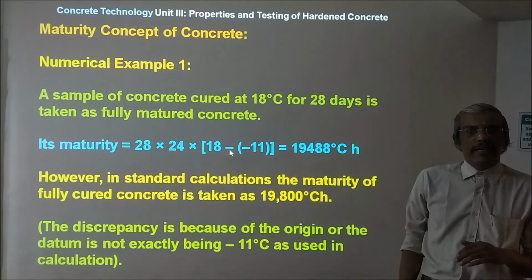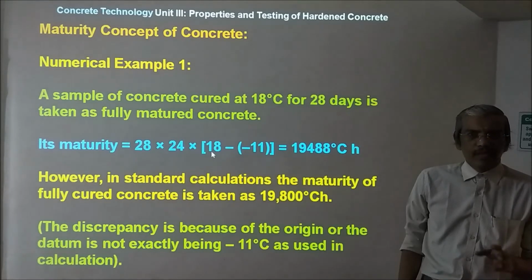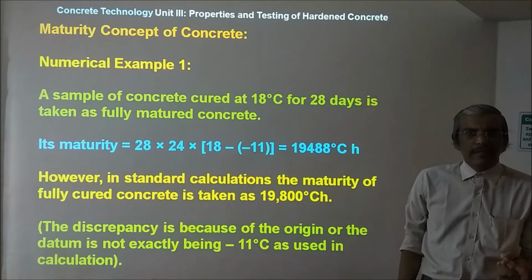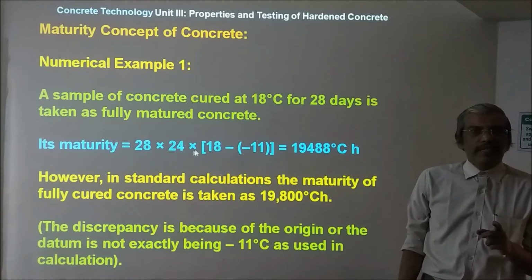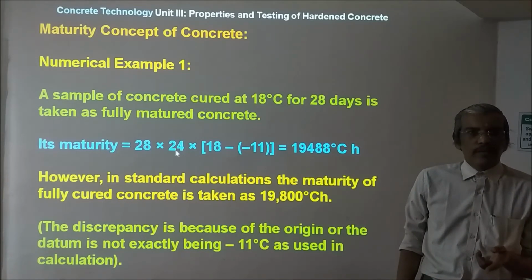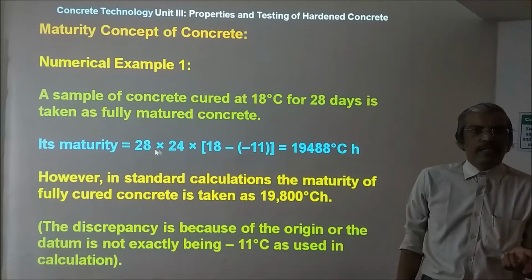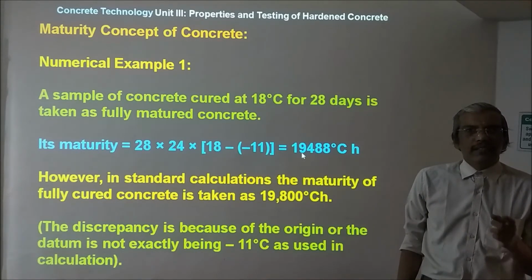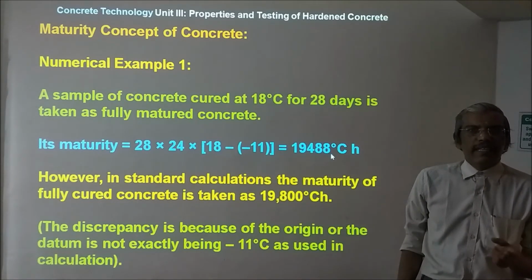So 18 minus minus 11, minus will get plus. So 18 plus 11 will give 29. So 29 has a positive value. 29 multiplied by 24 multiplied by 28 will give 19,488 degree centigrade hours.